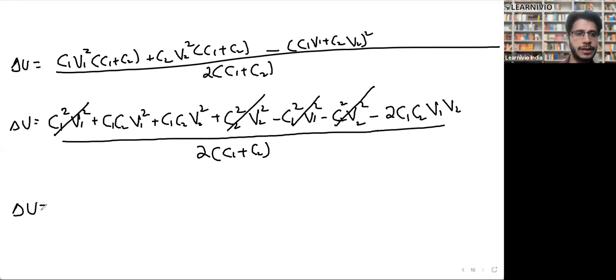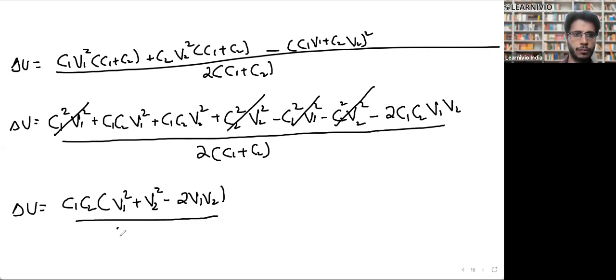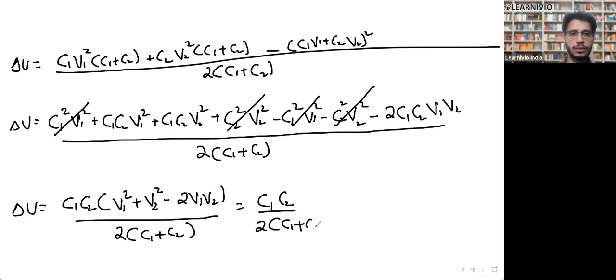So delta U is C1 C2, V1 square plus V2 square minus 2 V1 V2, by 2 times C1 plus C2. This is C1 C2 over twice of C1 plus C2 into V1 minus V2 square. This is the expression for loss in energy.